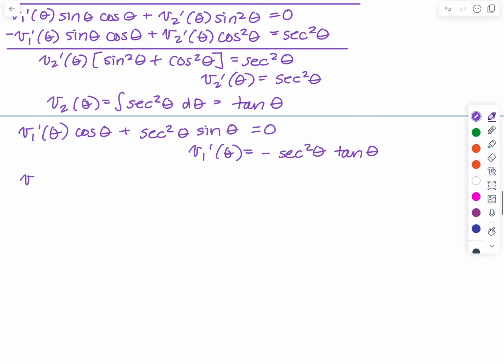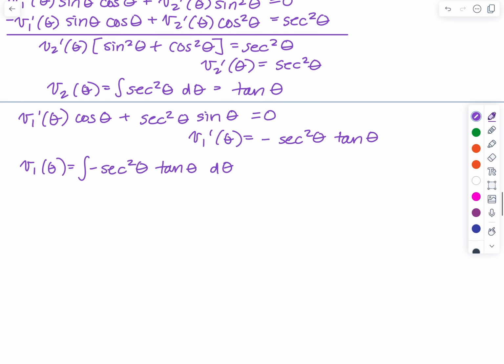So looking for v1 of theta, we will integrate v1 prime. So the opposite of the secant squared theta, tan theta d theta, and the integral of the tangent multiplied by the secant squared is going to give us that tangent squared. So that's negative 1/2 tangent squared of theta.